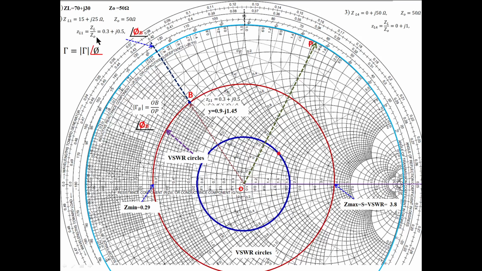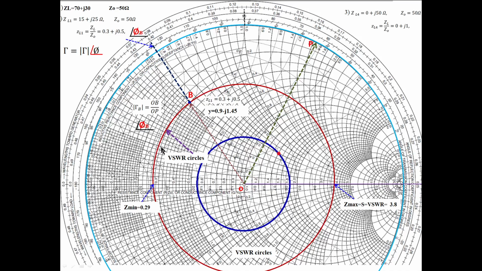So what is this point? It is the intersection of the 0.3 circle and the 0.5 circle. Reactance is 0.5, resistance is 0.3. So you move like this, starting from this point. This 0.3 circle is the resistance circle.